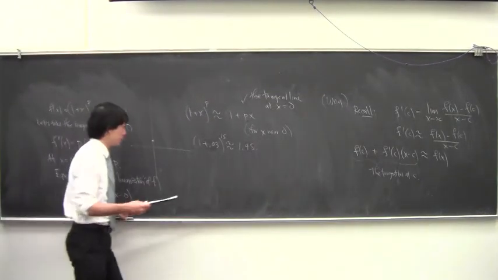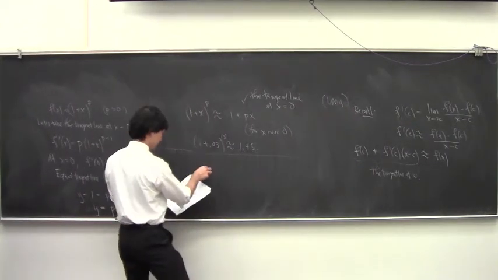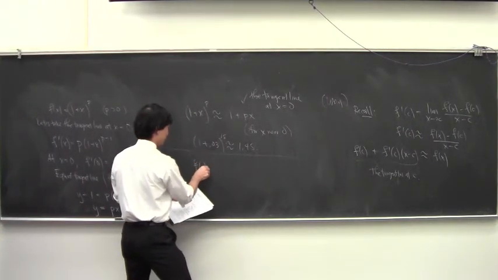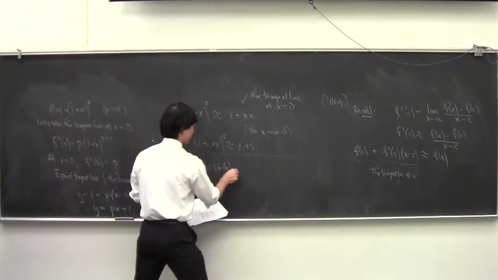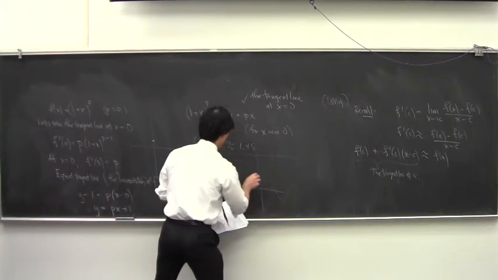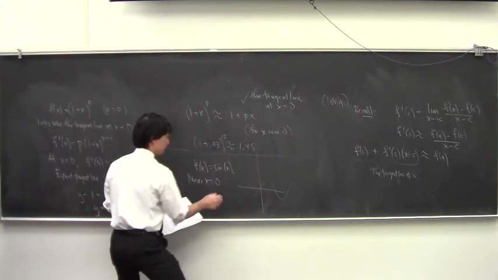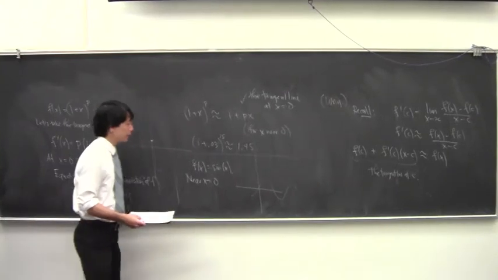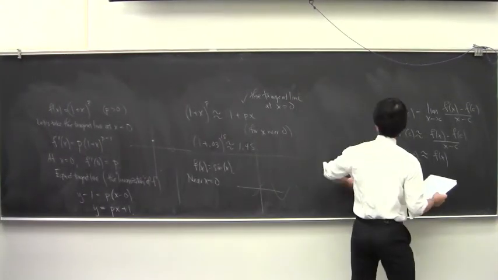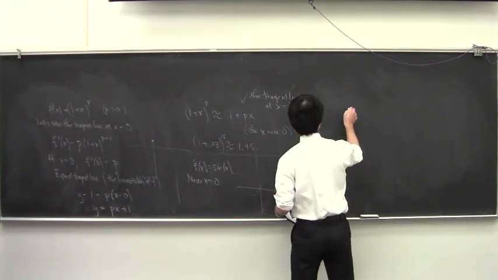Let me quickly do one last example, which is important. If you have f of x being the sine function, and somebody is asking you for values near 0, again, all you need to do is find the tangent line. What's the tangent line?